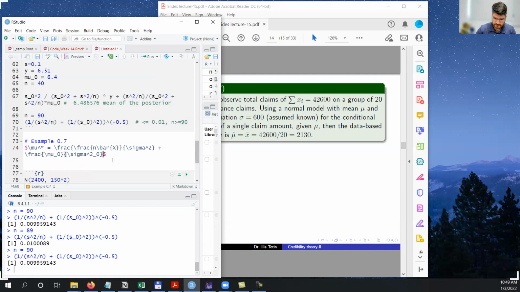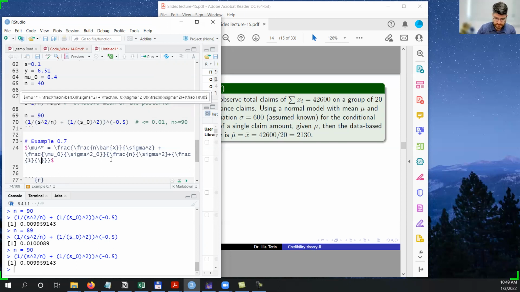This is the fraction, and another one. In the denominator, we will have another fraction, n over sigma squared, and here another fraction, plus 1 over sigma squared 0.